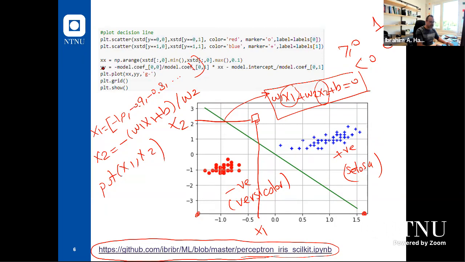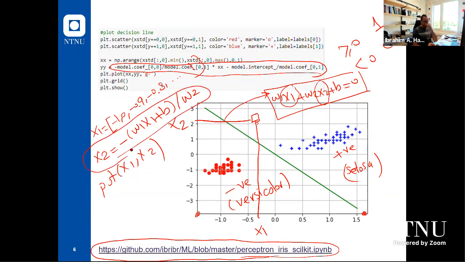I called it x, y, but maybe it's not correct. You can call it x1 and x2, and substitute those numbers into this equation, because this equation, in fact, is exactly this one: model coefficient 0 multiplied by x. So this is the one which will generate the green line.